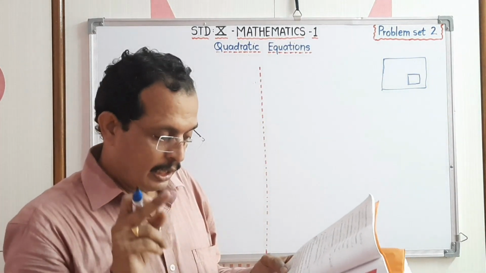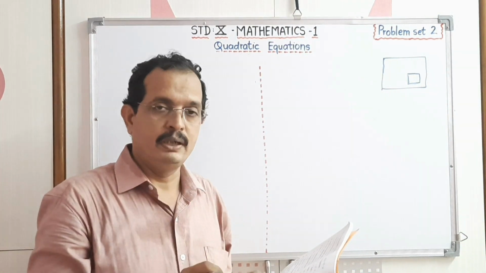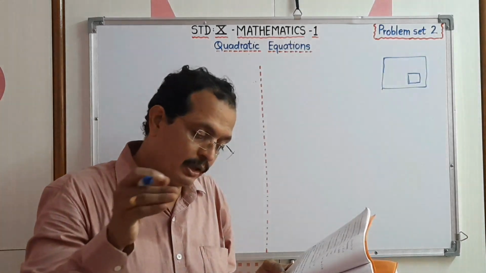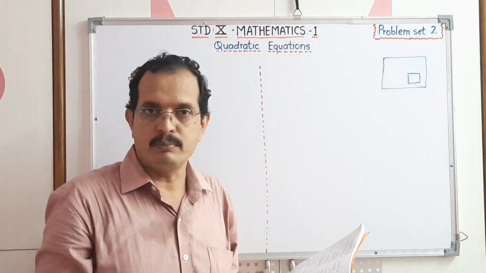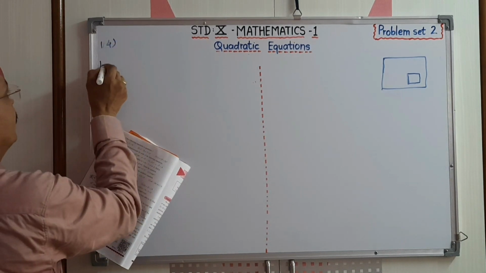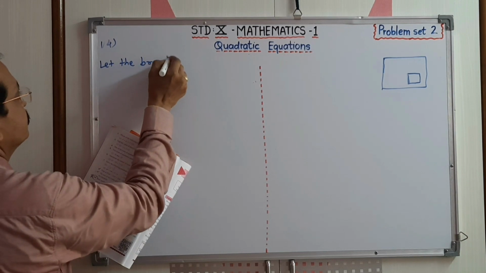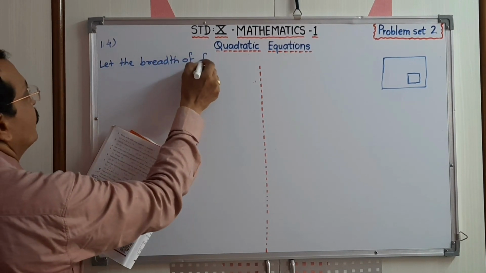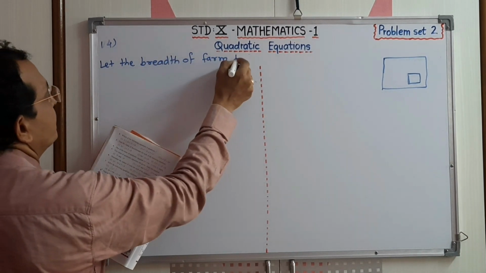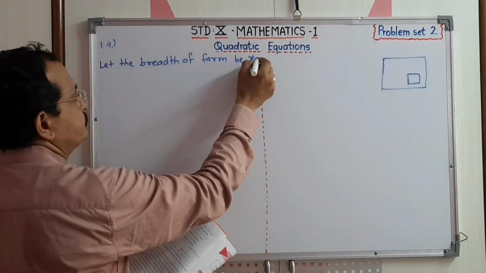The length of the farm depends upon the breadth of the farm. Therefore first of all we have to write here, let the breadth of farm be x meter.